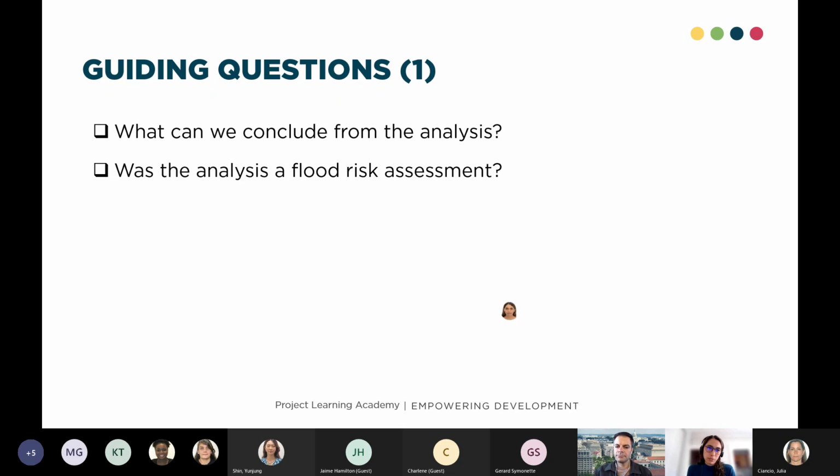I don't know if I'm clear here. So this is more like a flood hazard assessment and an analysis of exposure, but it's not a complete risk assessment because we're missing the vulnerability dimension.